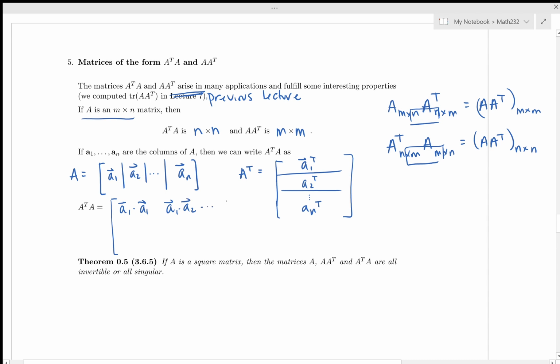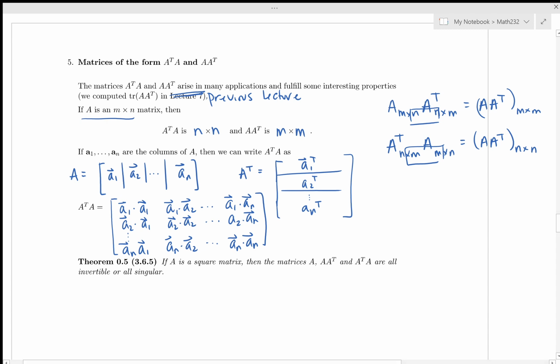We'll go the whole way across, A1 dot AN, and then come down to the second row: A2 dot A1, A2 dot A2, all the way across to A2 dot AN, and then we'll go down to the next one. We'll keep going, and finally the last row will look like this. So it's a whole array of dot products.